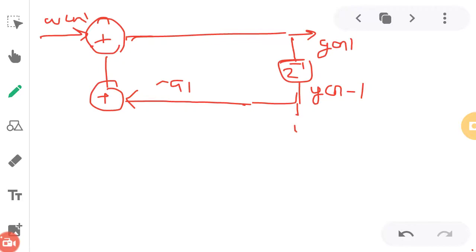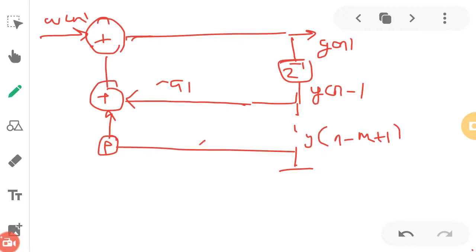Like that it will go up to y of n minus m plus 1, and this will be z inverse, and this also we will add. Then what is this value?